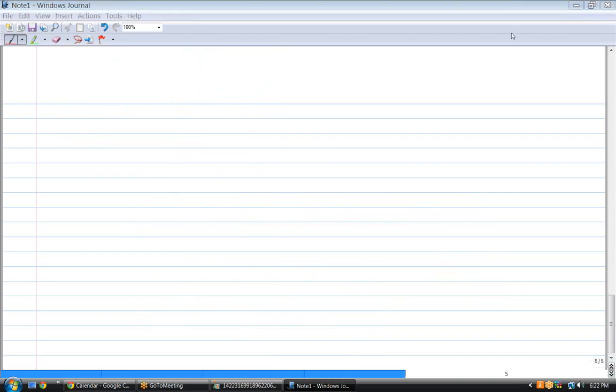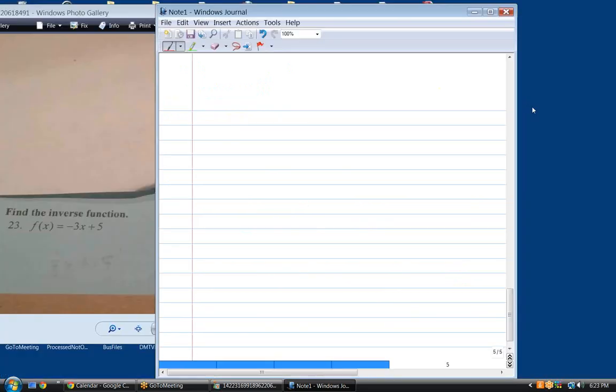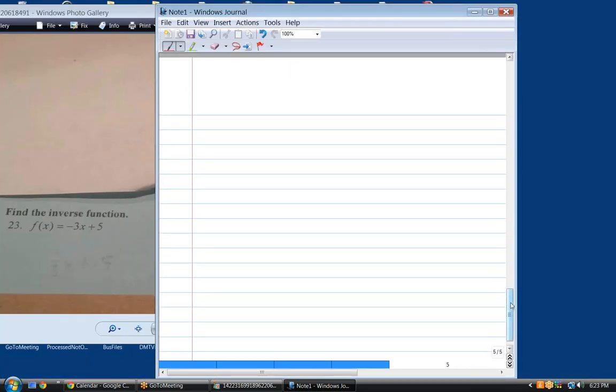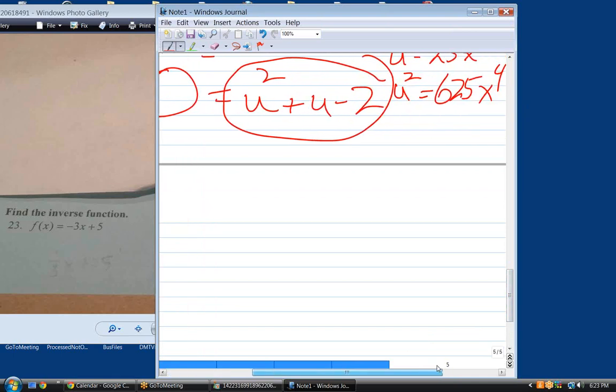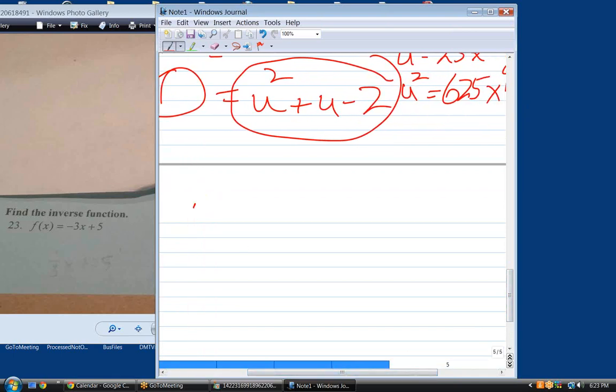Go ahead and solve it. Factor it. Factor u squared plus u minus 2 equals 0.